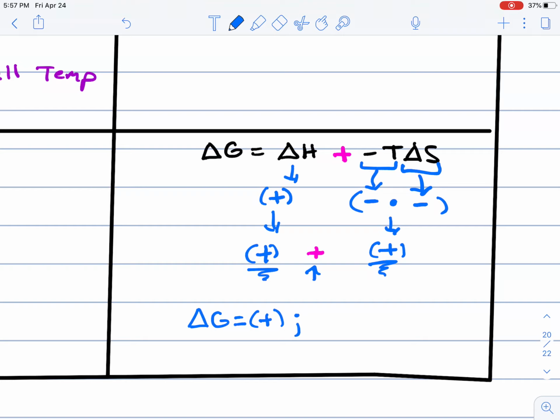So therefore, we can conclude that this will give us a non-spontaneous reaction at all temperatures. Okay.